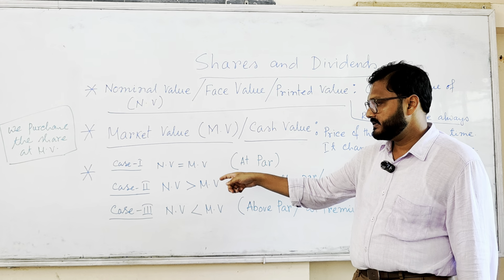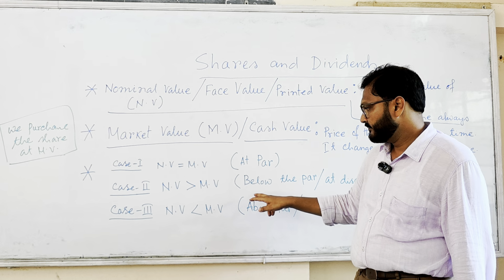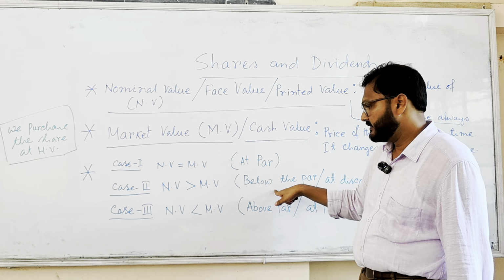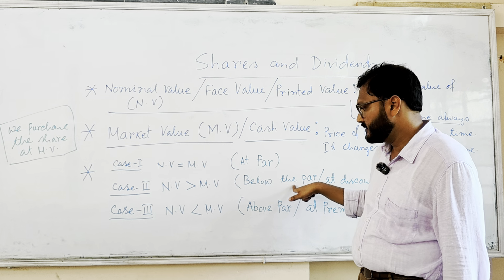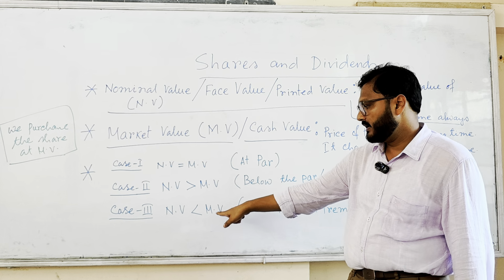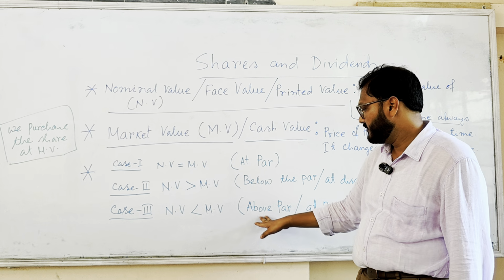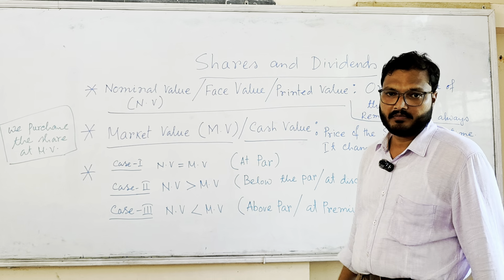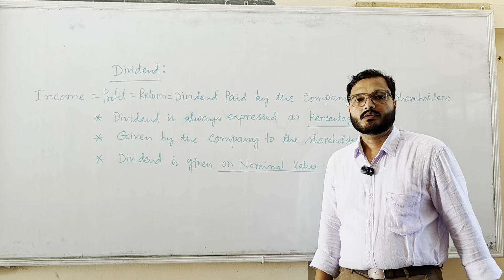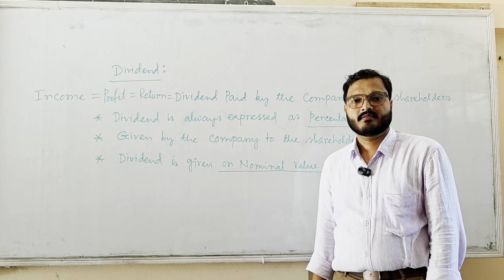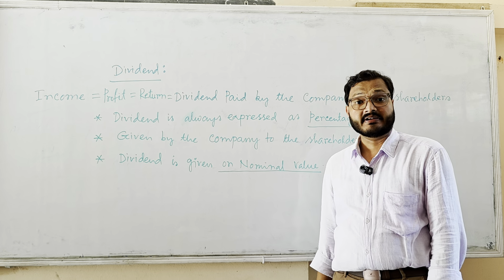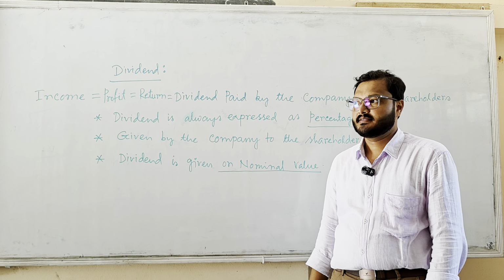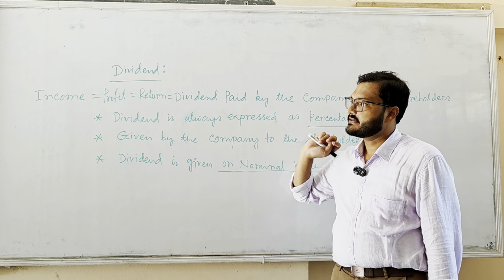If market value is less than the nominal value, we are purchasing below par. And if the market value is more than the nominal value, then above par or at premium. I hope it's clear. We understood what is share. Now the another term is dividend. What is dividend? We will understand here.